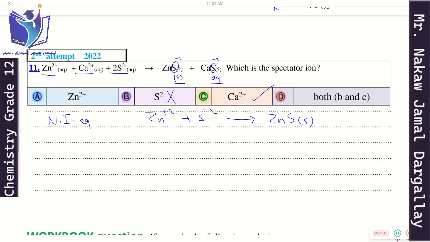So Zn appears in the net ionic equation, so Zn is not a spectator ion. S2- appears in the net ionic equation, so it is not a spectator ion. But Ca2+ does not appear in the net ionic equation. The ions that do not appear in the net ionic equation are spectator ions.